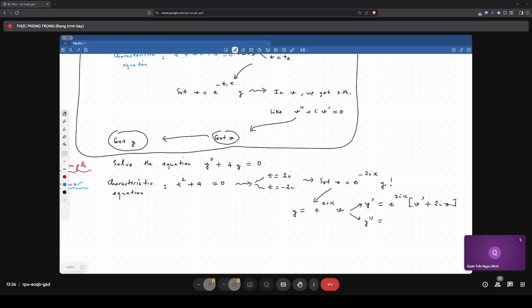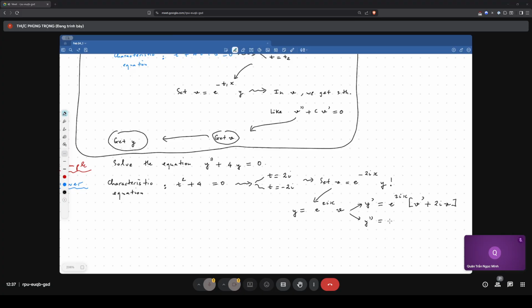And then you keep v, but you differentiate this. When you differentiate e to the power 2is, you get e to the power 2is times the derivative of 2is. 2i is just a constant. So you get 2i. So this is the first derivative.